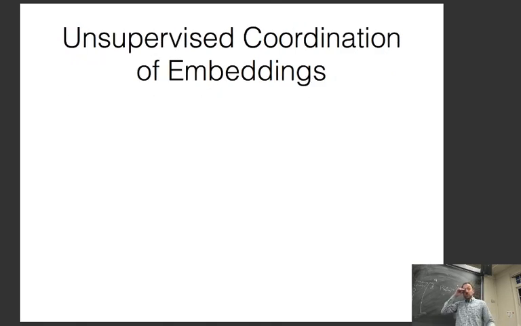One very hot topic recently is unsupervised coordination of embeddings. So the idea here is the previous method tried to map embeddings based on a dictionary, and you need to have a dictionary in the various languages. But what if we don't have any dictionary and we just have a big corpus of English and a big corpus of French or something?